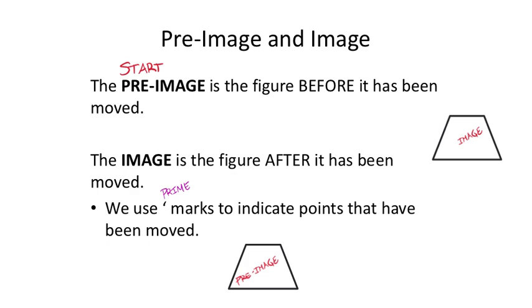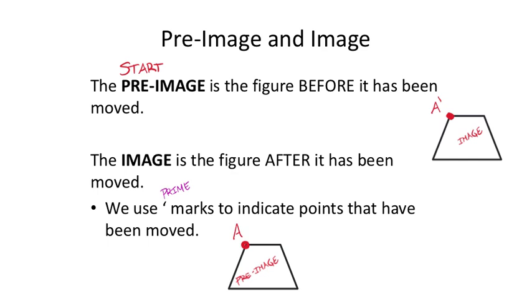And if we were to look at points on the corners of this trapezoid, let's start with the pre-image. So let's say that this was my point right there. And we'll just call it A. So this is point A on my pre-image. Now the corresponding point on the image right here, it would be called A prime.